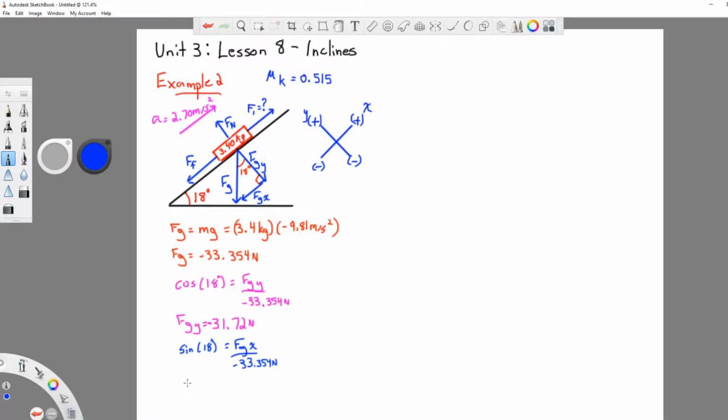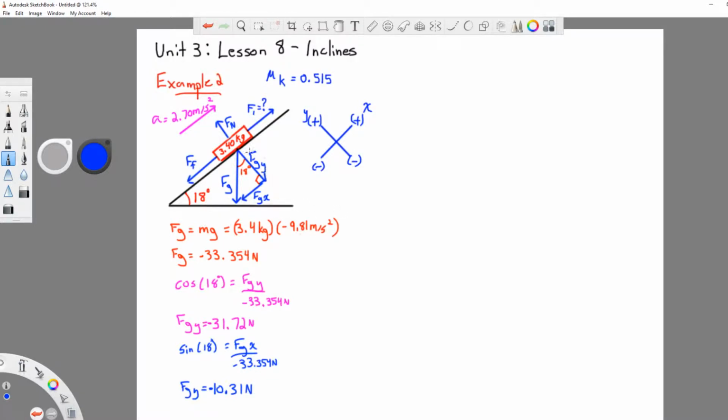Okay. FGX works out to 10.31 newtons. And that's also negative here. All right, x direction downward against our motion. Cool.